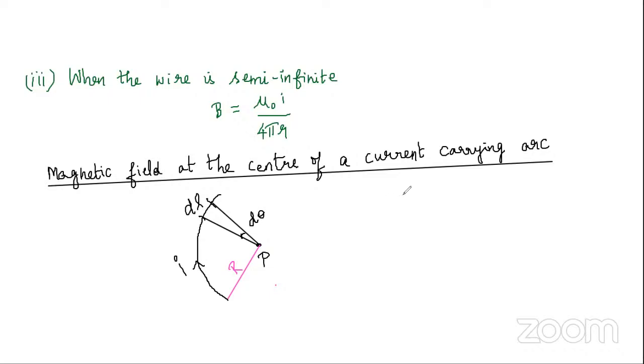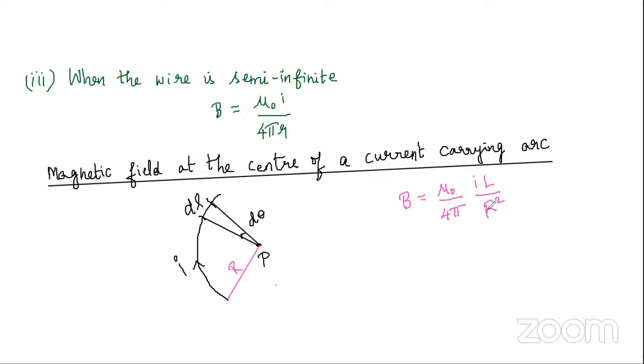The magnetic field is given by B equal to mu naught by 4 pi into I L by R square, if the length of the arc is capital L. So this is how you need to find out the magnetic field at the center of the current carrying arc.